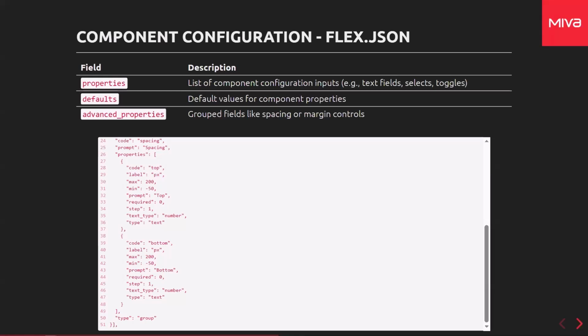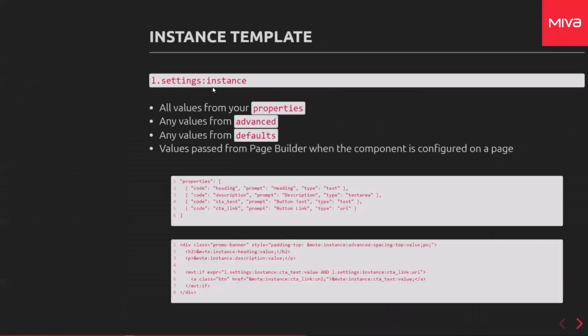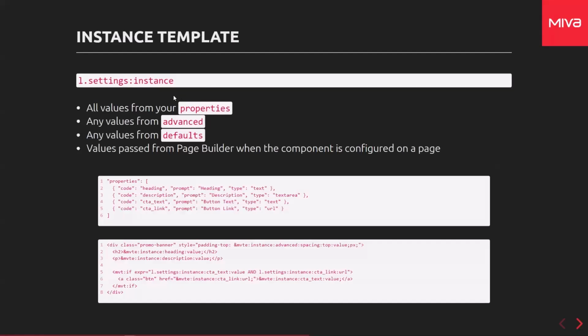All right. Now, since we have a good understanding of how to set up the properties and the flex.json file, the next thing to understand is the instance template. This is where you output the values that come from your component's layout. The instance template is where the component is actually rendered to the page.